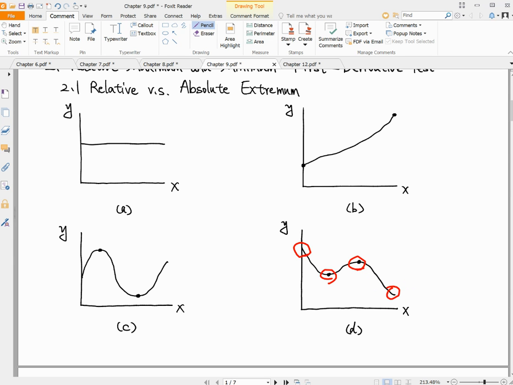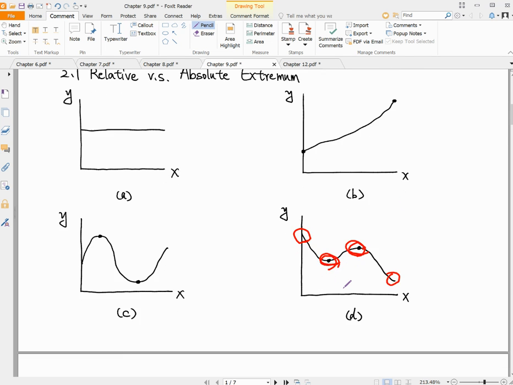And here is the absolute minimum, right? Although there's a peak and a trough here, they are not absolute extremes, right? You have to compare the end values to the relative extreme values.